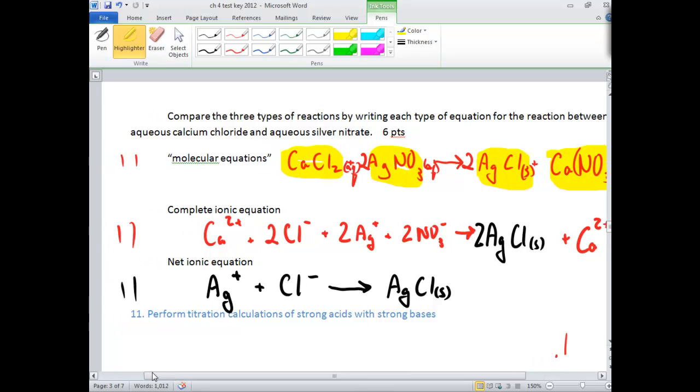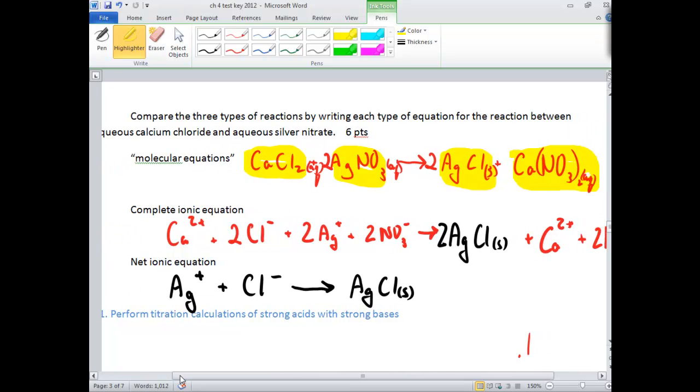Now that's usually considered the molecular equation. The complete ionic equation shows all the ions separated out. The calcium 2+ ion, the chloride ions, and there are 2 of them, the silver ions, and there are 2 of them, the nitrate ions, and there are 2 of them. And that produces silver chloride, which, being a solid, is not ionized.